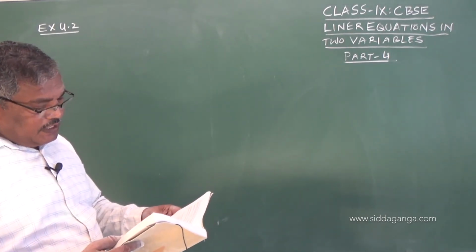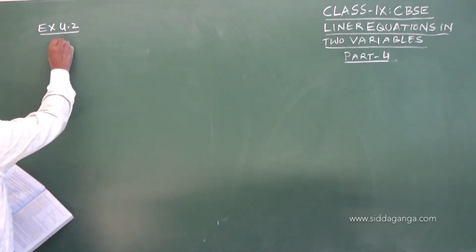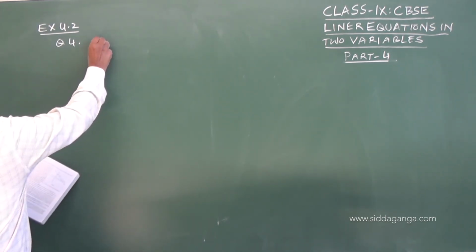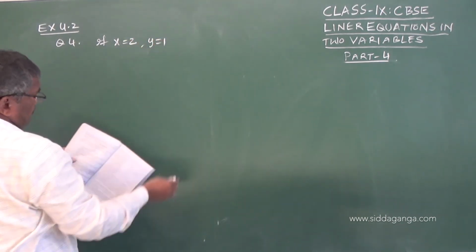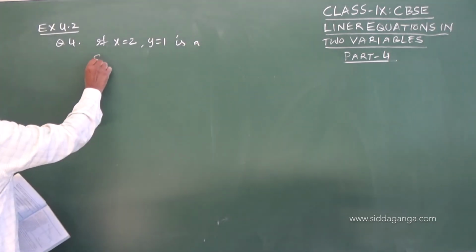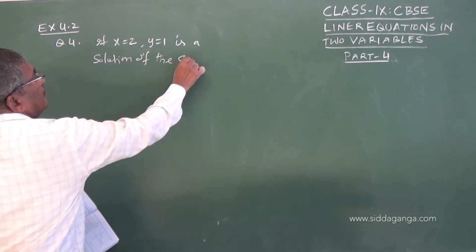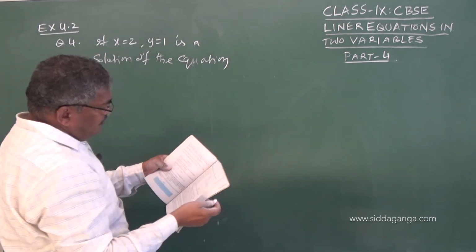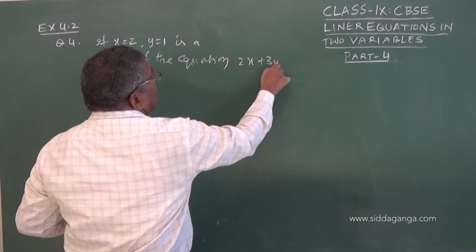Find the value of k if x equals 2, y equals 1 is a solution of the equation 2x plus 3y equals k.